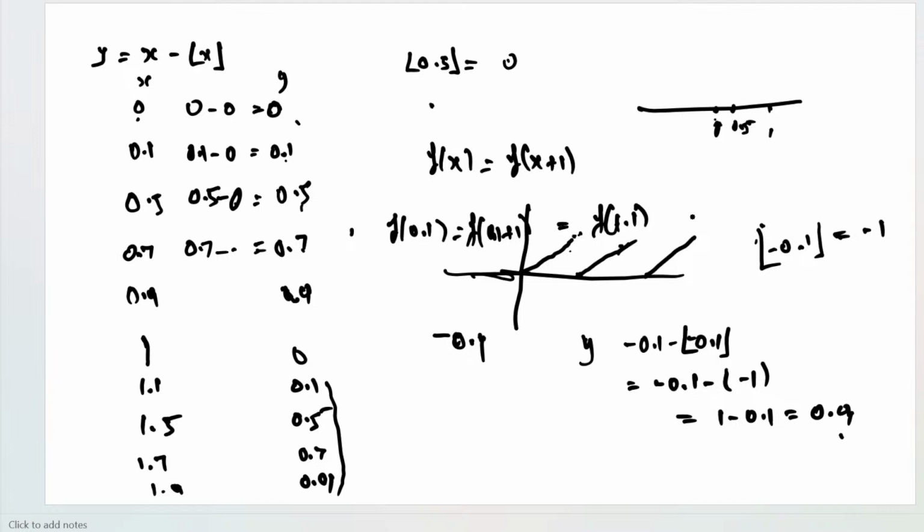Is it still periodic? Understood the question? Okay, is it still periodic?